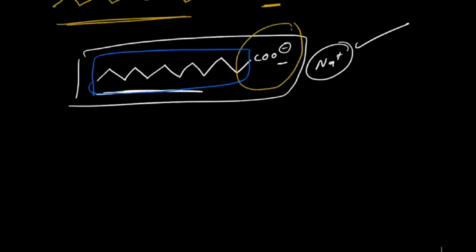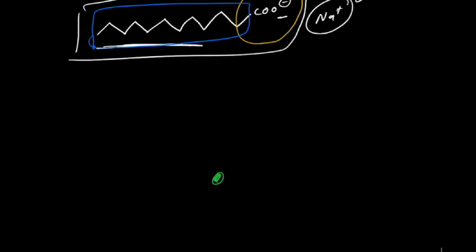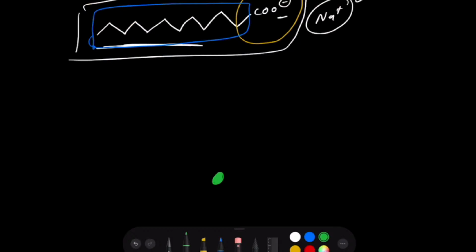Now suppose you have oil. Oil doesn't dissolve in water because it is non-polar, but this blue non-polar part of soap will go and attach to that drop of oil. Why? Because non-polar and non-polar mix.